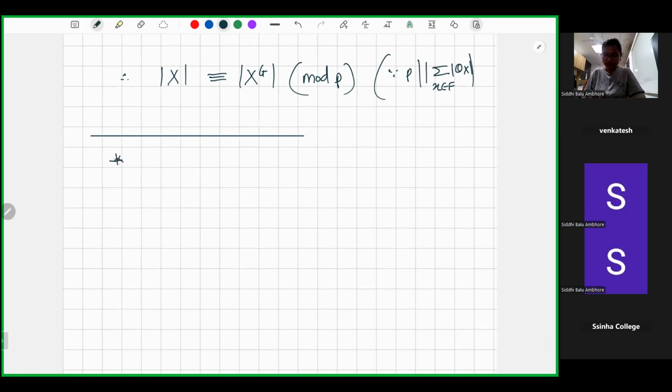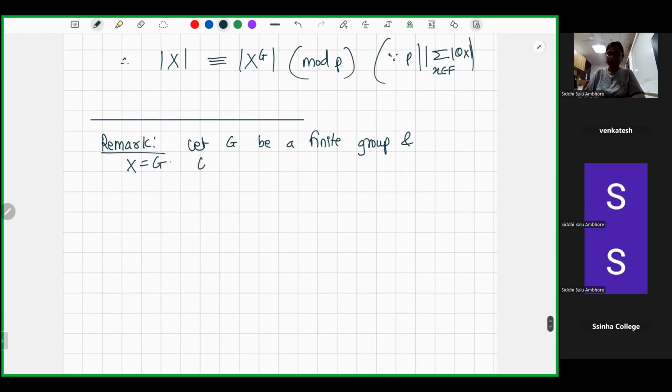But apart from this, a remark maybe: let G be a finite group, and let X be G. Okay, and G acts on X, which is also G, via the conjugate action.